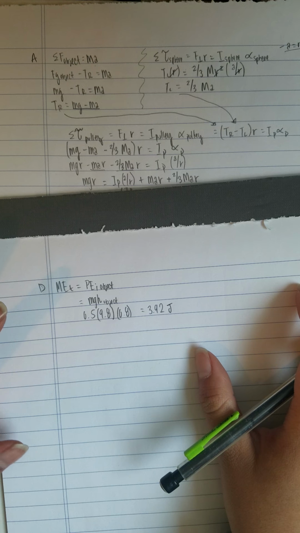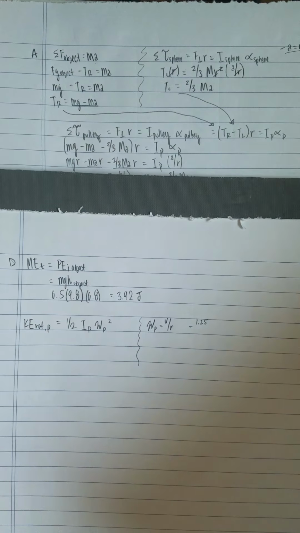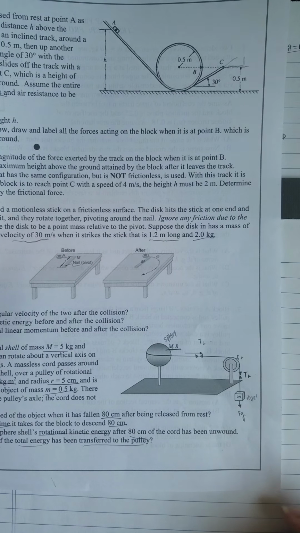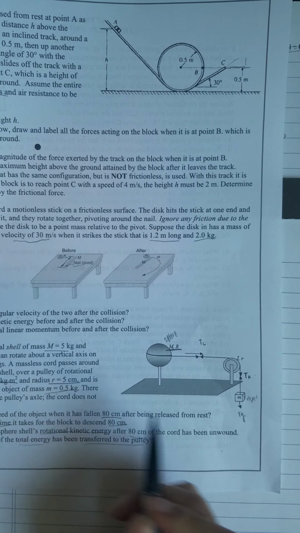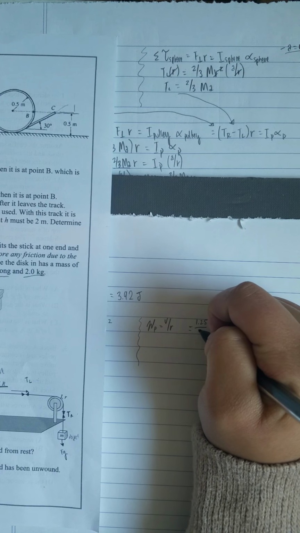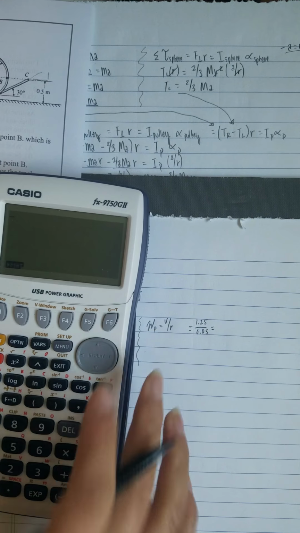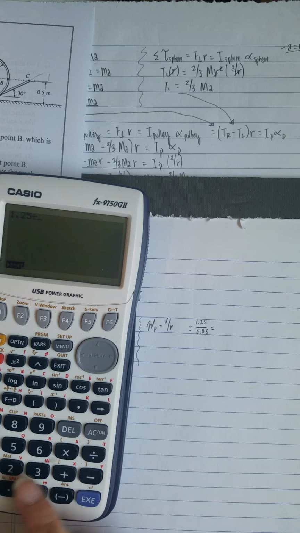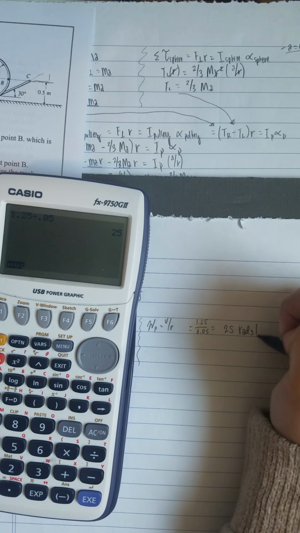We have v over R, and again we can use this v, 1.25, and the radius of the pulley is 5 centimeters, so that's going to be over 0.05, and then plug that in. Gets you 25 radians per second.